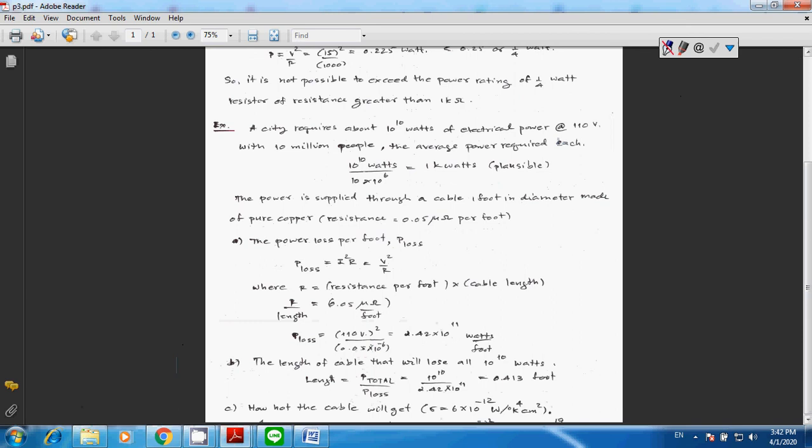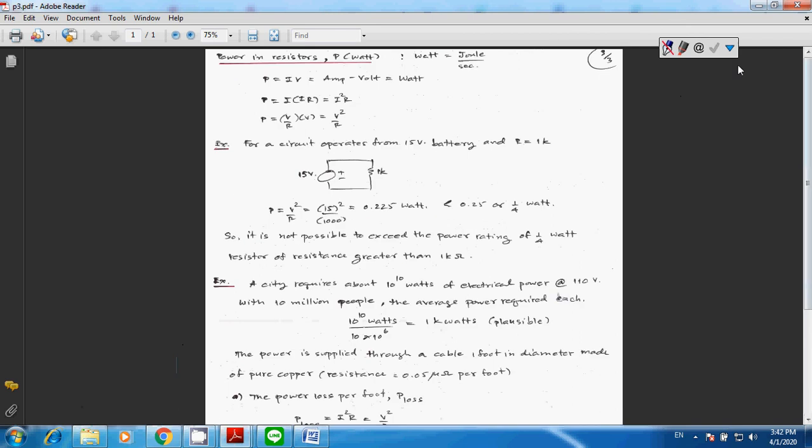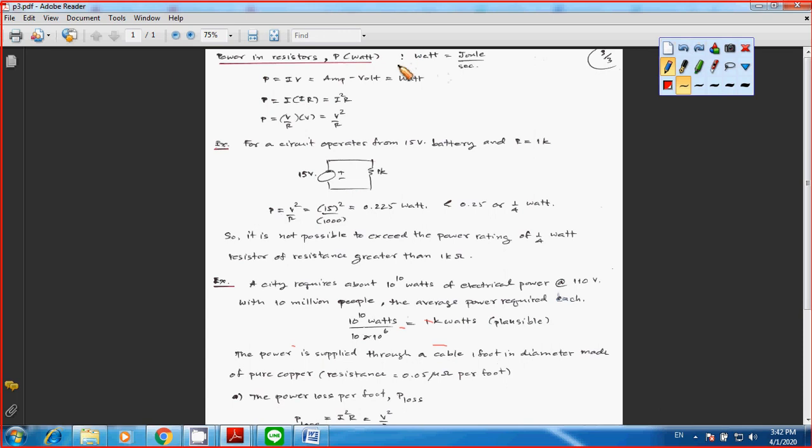Now, since you are already familiar with current, voltage, and resistance, let's move forward. We're going to talk about power in a resistor, which is represented by capital P, in the unit of watt. Actually, a watt is a joule, the unit of energy, per second.